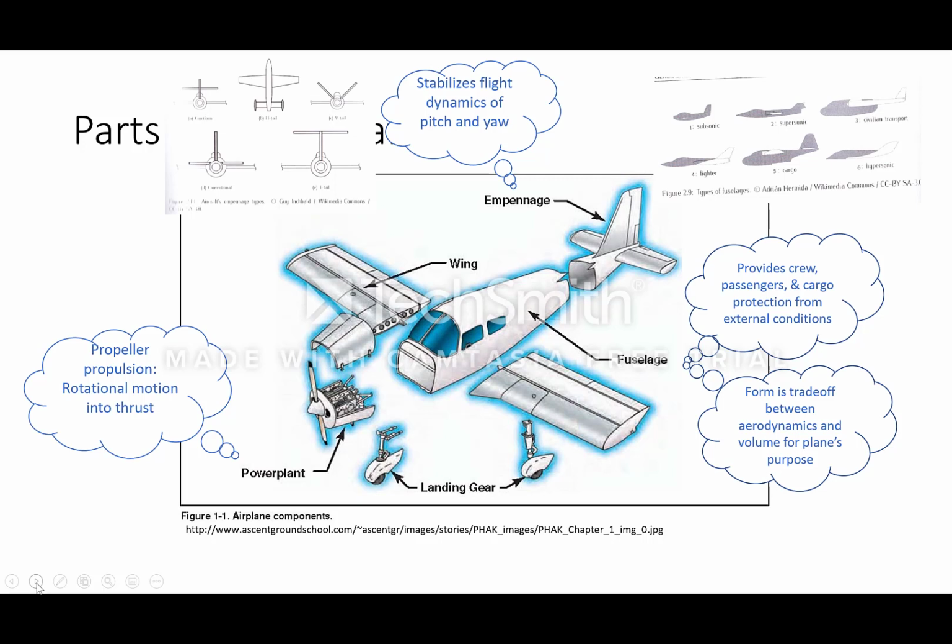So in a propeller-propelled plane, there's an engine that burns gas, and it has a shaft that runs through the center, and it rotates because of that combustion, and then that rotates the propeller, and that creates the thrust. Okay, so that's how the power plant works. And I think we talk more about the power plant in a few minutes.